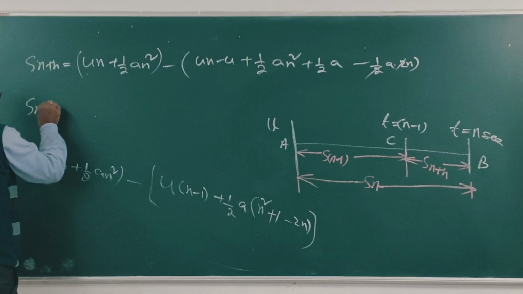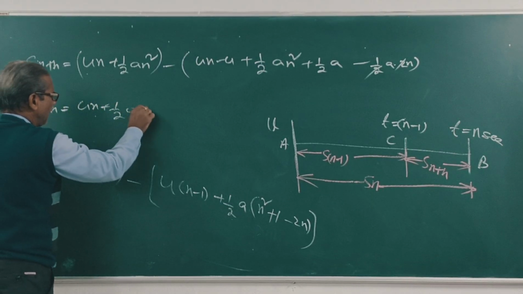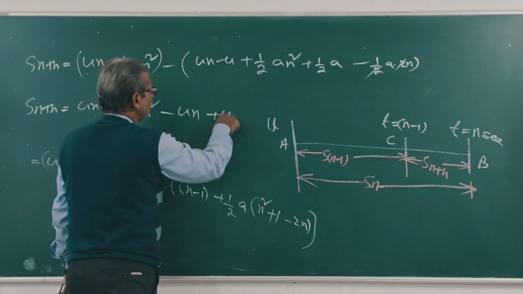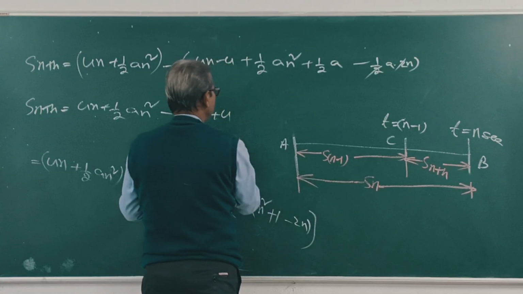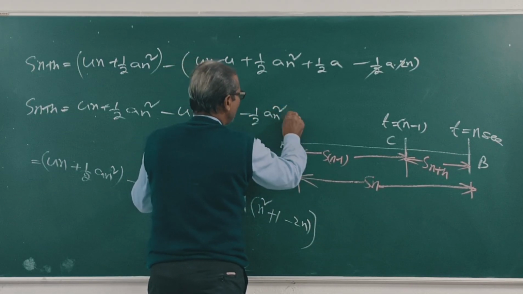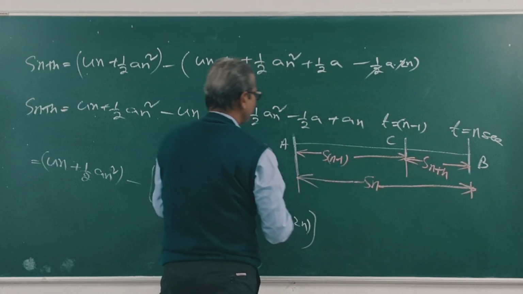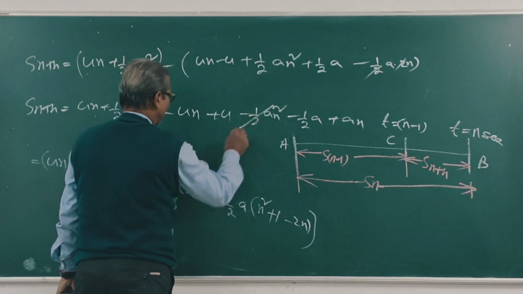So Sn is equal to un plus half n square minus un plus u. Clear? Minus half n square minus half a plus n. Plus half n square minus half n cancel out.